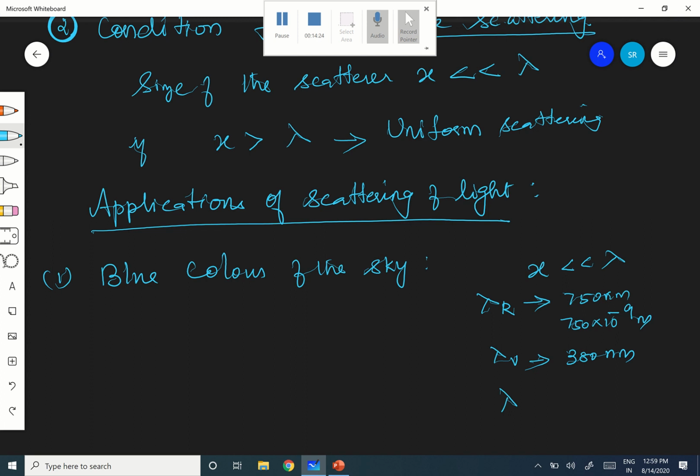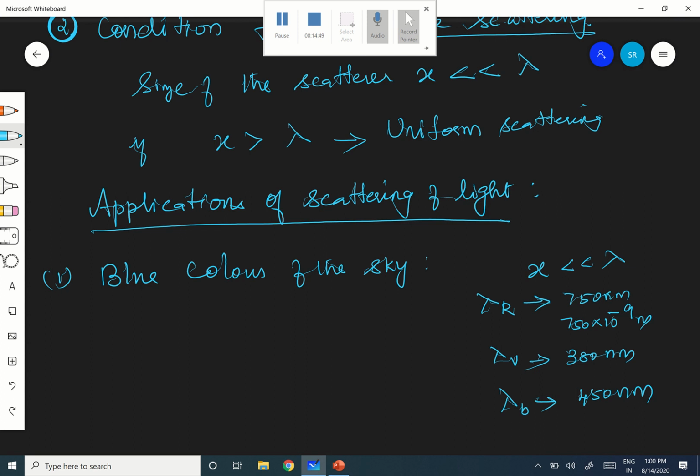And for blue, it is around 450 nanometer. Now, why does the sky appear blue? When the light is coming through the atmosphere, the gas molecules follow selective scattering.